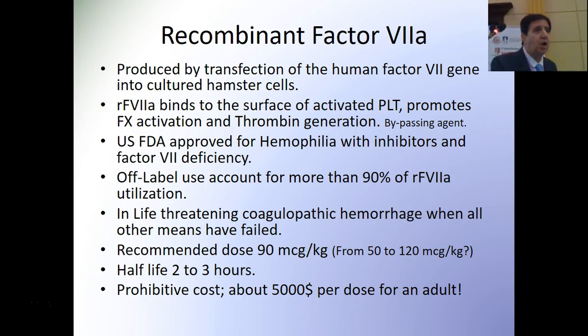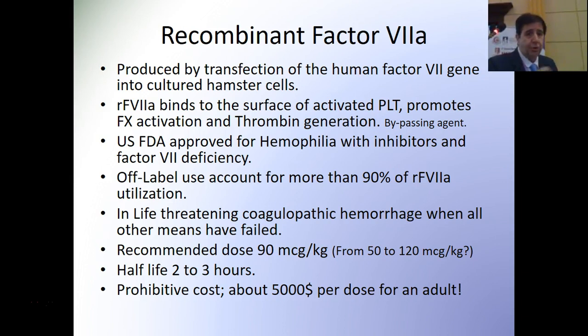So how do we use it? Life-threatening coagulopathic hemorrhage when all other means have failed. We do have concerns because of the FDA approvals, so use it only as a last resort.